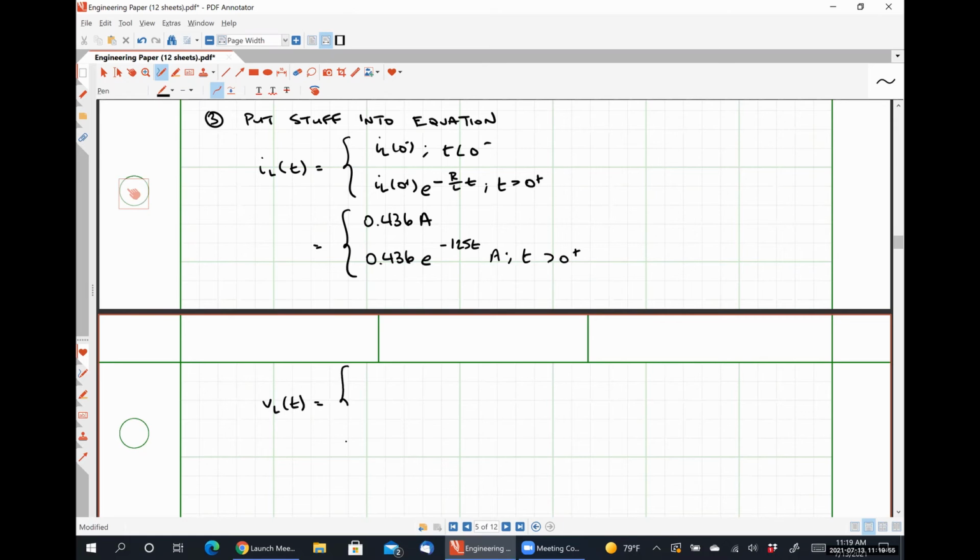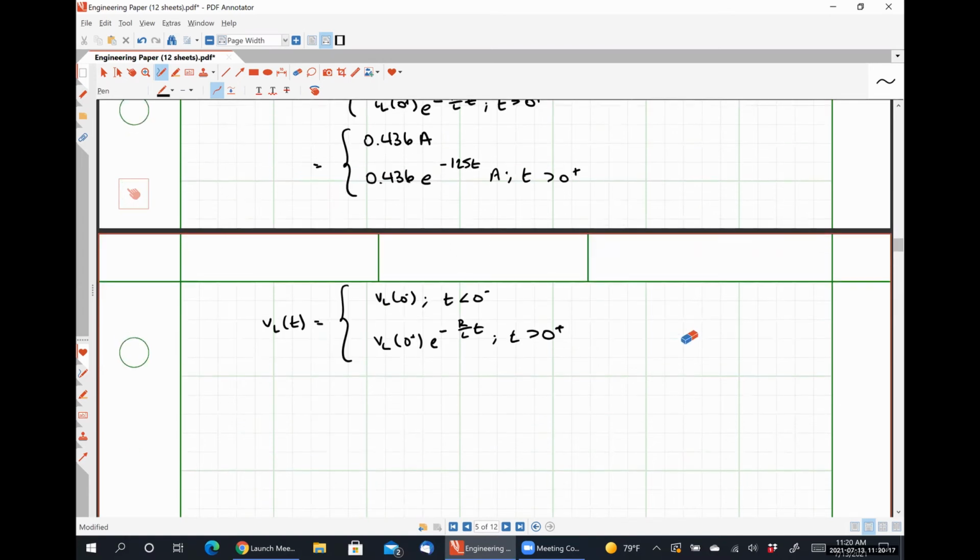Now let's look at our inductor voltage. VL of t will have that same general form: VL at 0 minus for t less than 0 minus, and VL at 0 plus e to the minus R over L t for t greater than 0 plus.